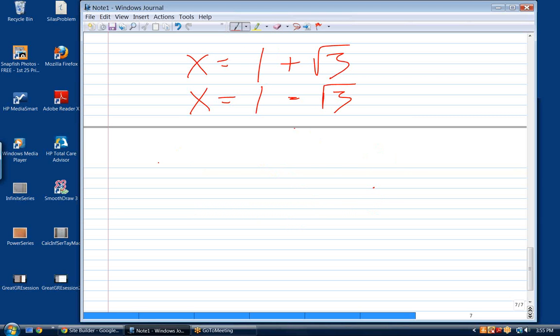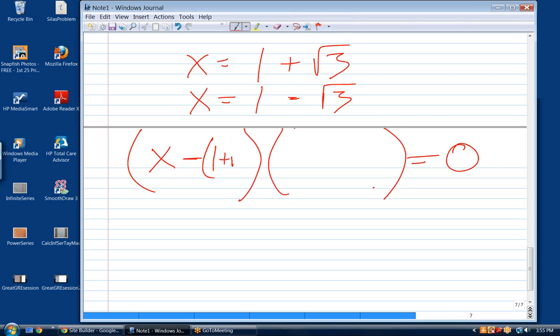So what are my factors? When I say factors, it's not an equation I'm looking for. It's the two linear factors that we're going to multiply together and have it be equal to 0. So what is x minus that quantity, and x minus this quantity?